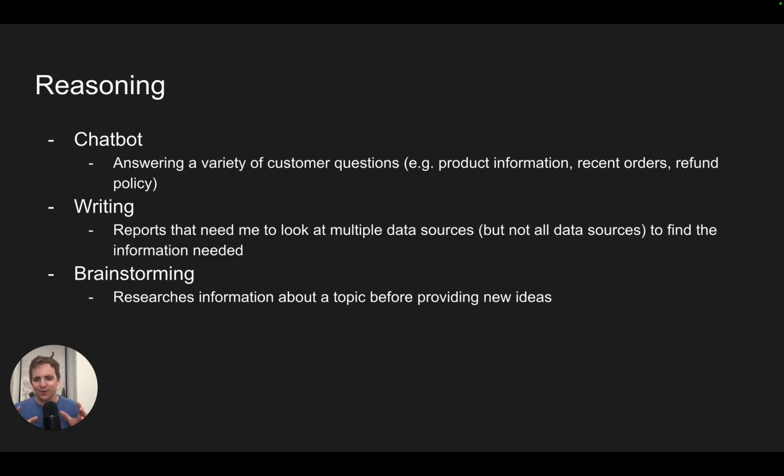And of course, we're going to use the last one, brainstorming. Now, maybe with brainstorming, you need this bot or this AI to go and research information about a topic before providing new ideas. So maybe it has to do a web search, maybe it has to look into a book, maybe it has to look at some company data. I don't know, whatever it may be in your case. And then it has to come back and say, well, here's what I found. So here would be some good ideas.